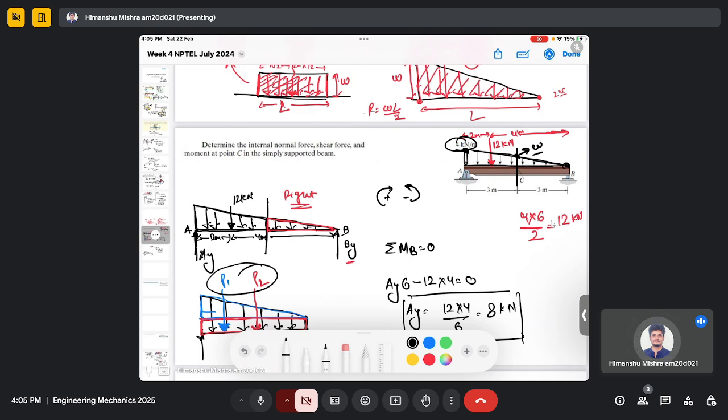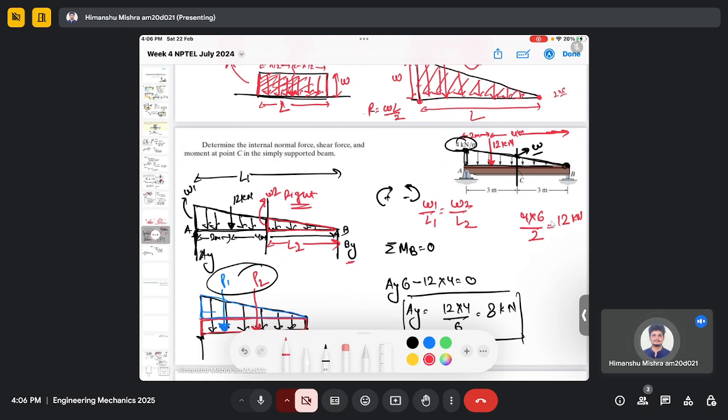So basically, we can use the ratio of triangle. So let's say this is my W1 and this is my overall length, which is L1. Similarly, this is my W2 and this is my L2. So from the ratio of triangle, I can say that W1 by L1 equals W2 by L2.